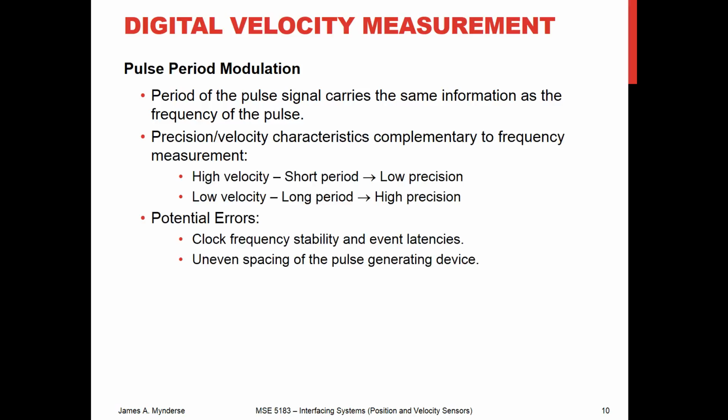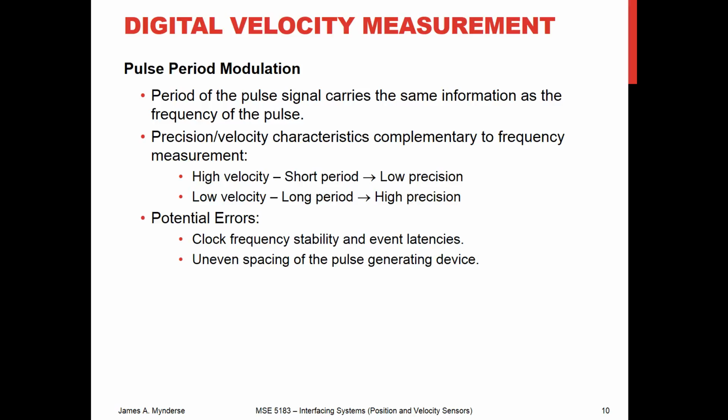And so, as you might guess, it's complementary to the pulse frequency modulation, because at high velocity you've got lots of pulses, and so you've got high precision. But at low velocity you've got few pulses and low precision, but if you go with a low velocity and a period measurement, you've got a longer period. So again, you can get lots of clock pulses in there, and you're getting an accurate measurement.